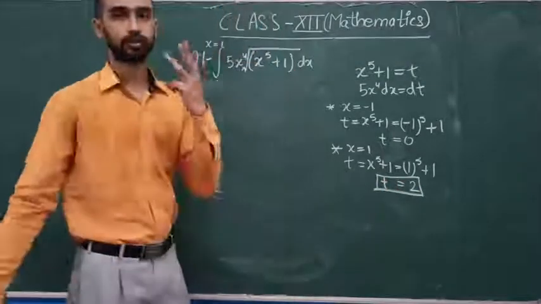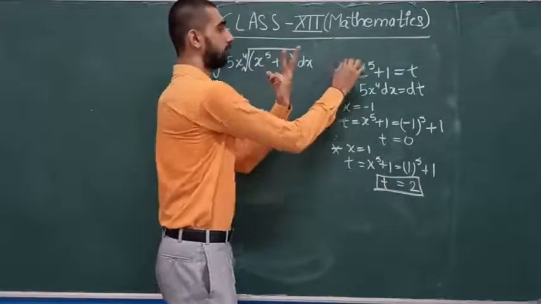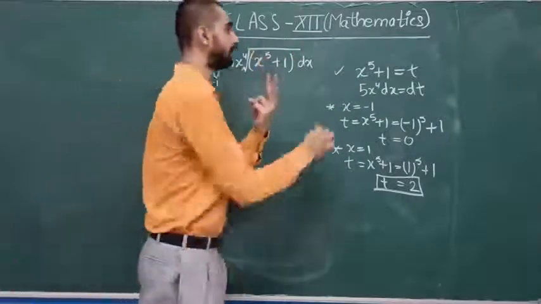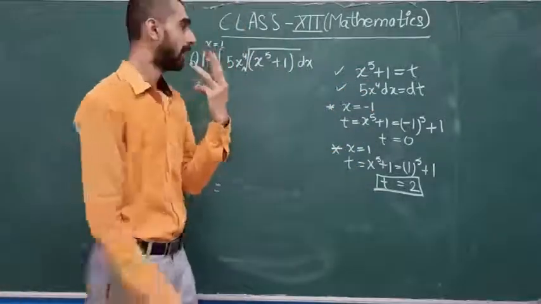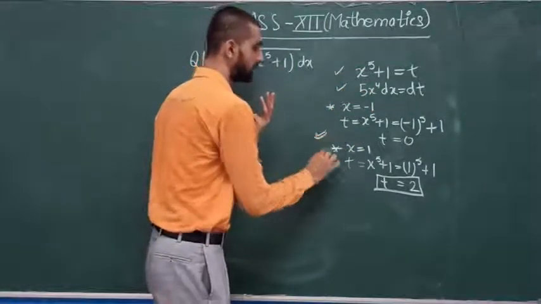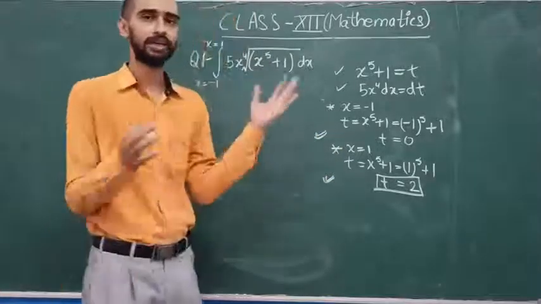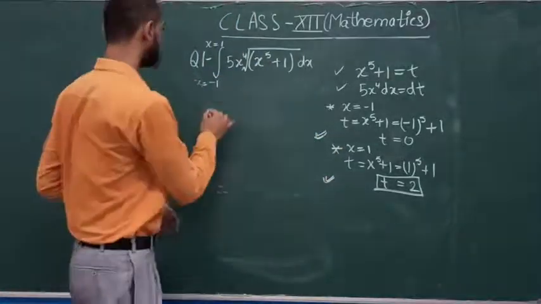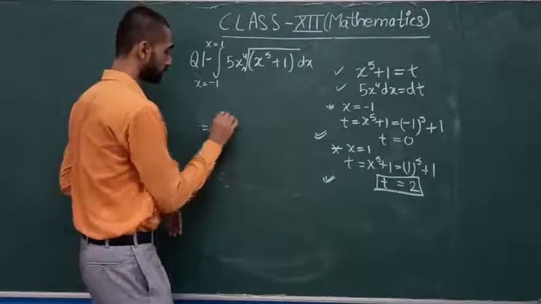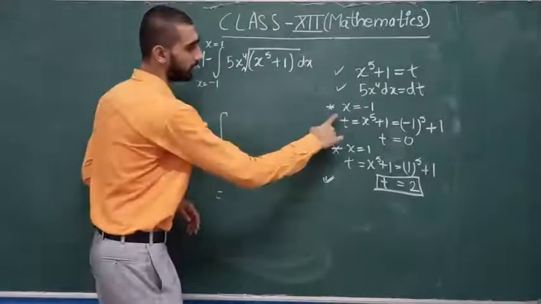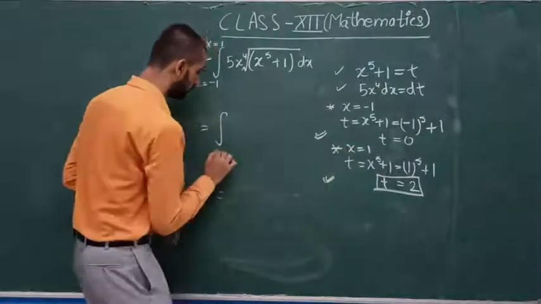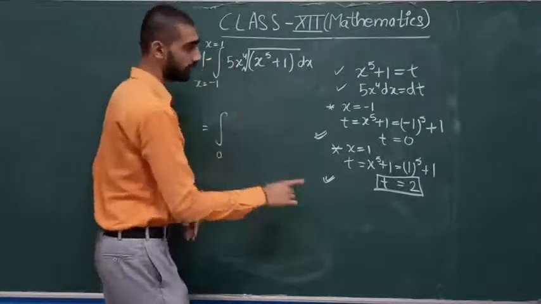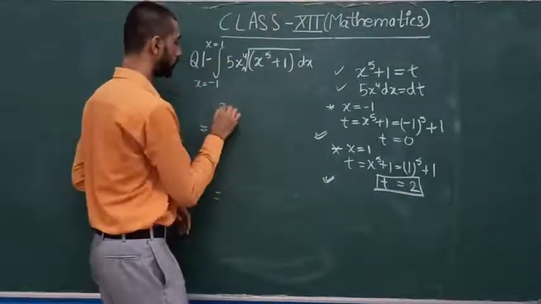So now I will substitute three things. First, the value of t. Second, the value of dt. And third, the values of limits for t. Now let's see what my definite integral becomes. For x equal to minus 1, I will put t equals 0. For x equal to 1, I will put t equals 2.